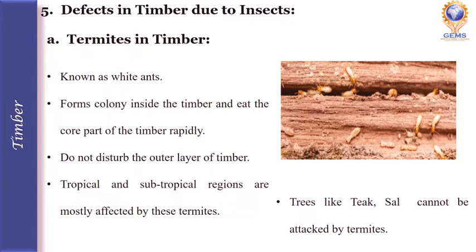These termites do not disturb the outer layer of the timber, so no one can identify the presence of termites in the timber. Trees in tropical and subtropical regions are mostly affected by termites. However, some trees like teak and sal cannot be attacked by termites because of the presence of termite-preventing chemicals in their cellulose part.